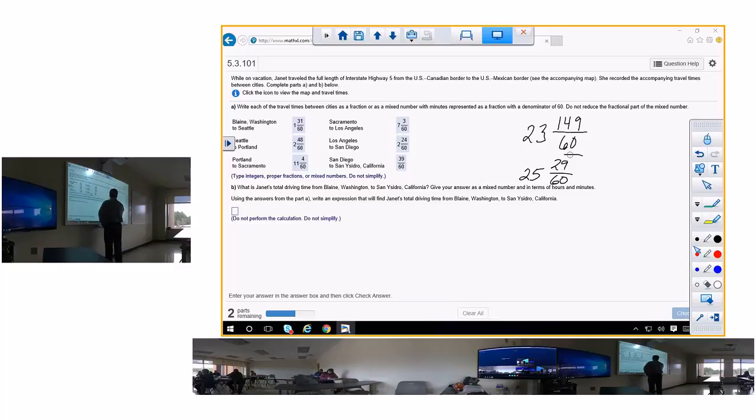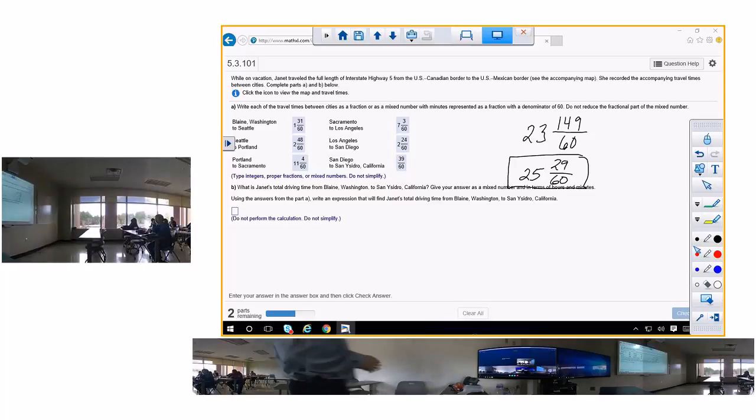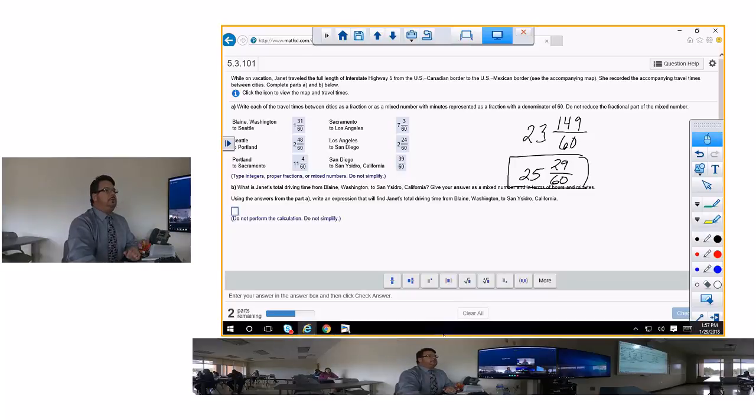So, that should be your answer. And then you type it in. So you could type it in 29 and then space 29/60, and it should put it so you can do it that way if you want to.